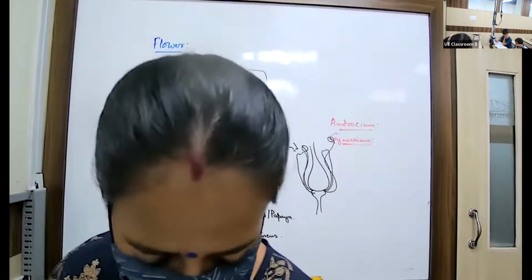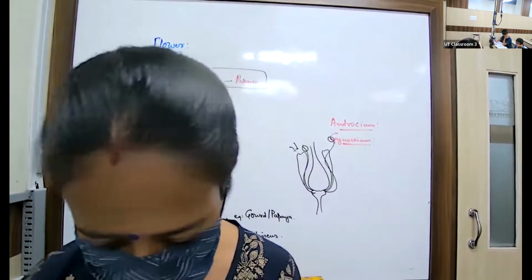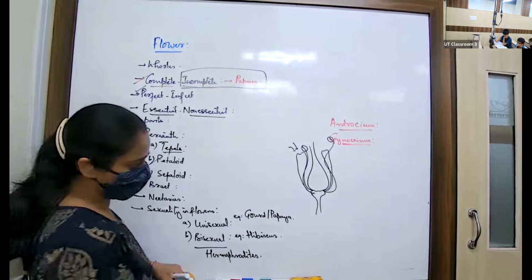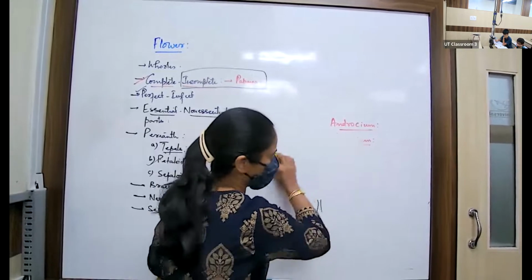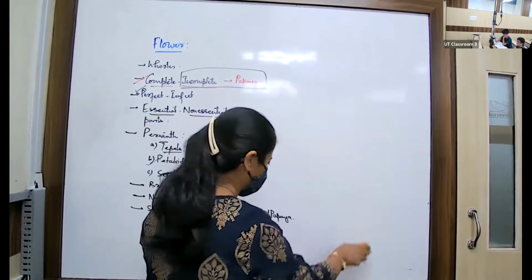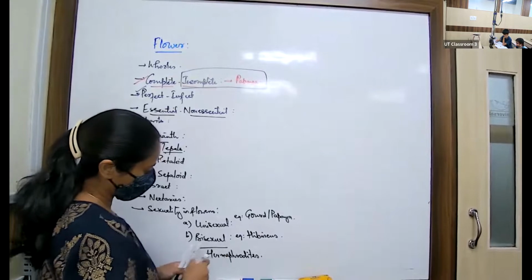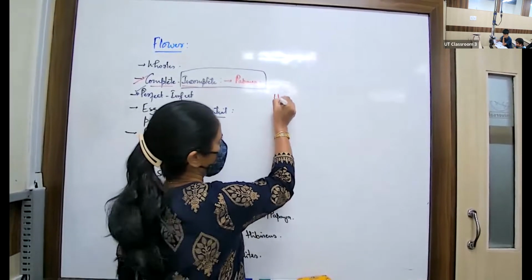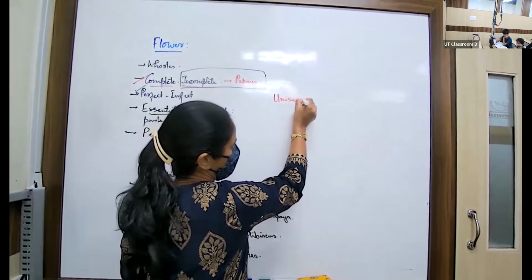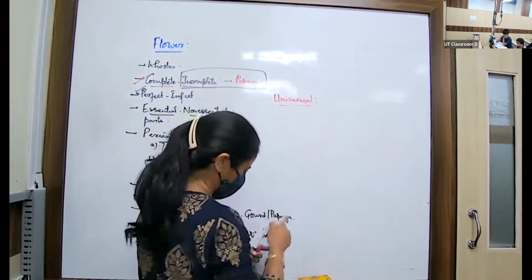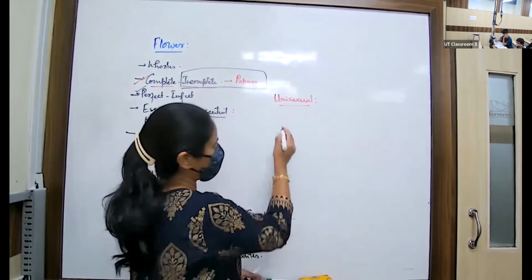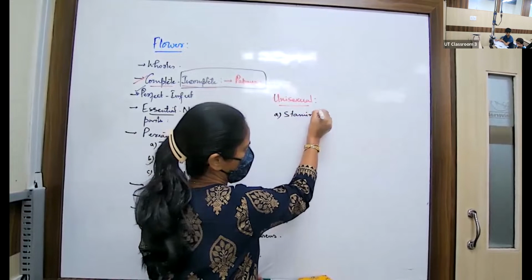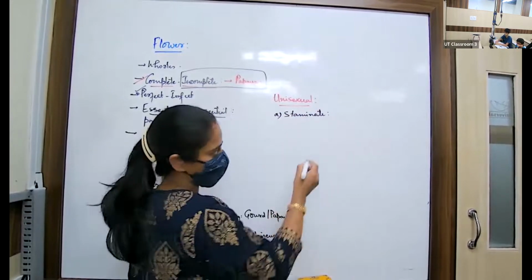Next, let us try to understand apart from these terms. Now, when we are talking about a unisexual flower, what is the meaning of unisexual flower? A flower which has only stamen or carpel. A flower which has only male reproductive organs can be termed as staminate.